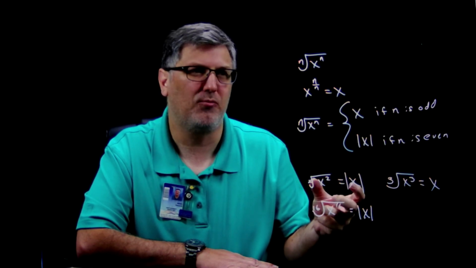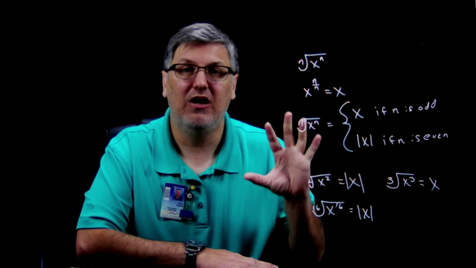So let's look at a bigger, deeper example of what this would look like. I want to simplify the square root of 16x to the 4th. I'm going to use some exponent rules to rewrite this and get rid of the square root.